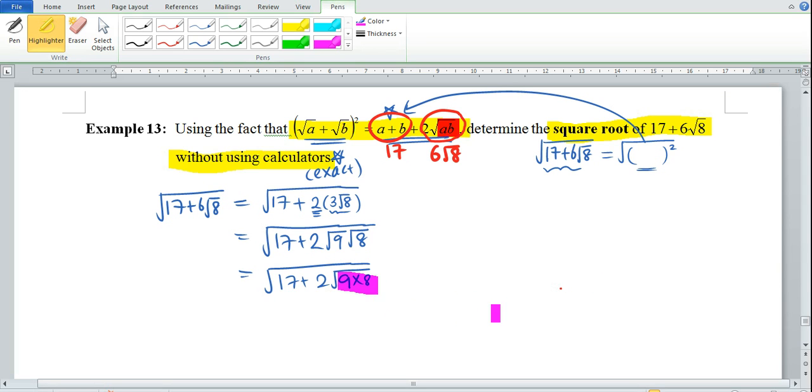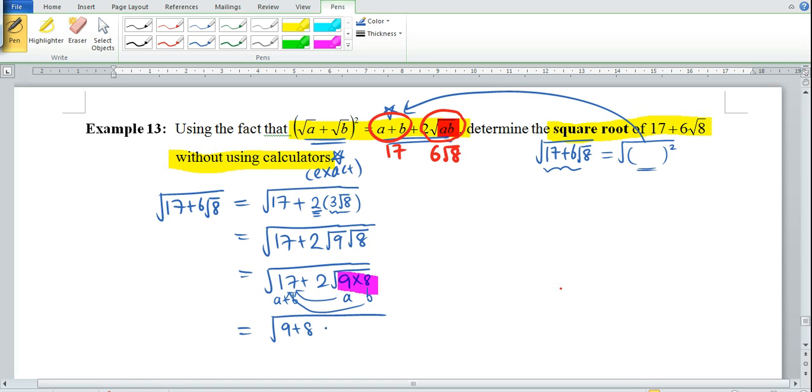If we say that a is equal to 9 and b is equal to 8, does it tally for 17? Is 17 a plus b?